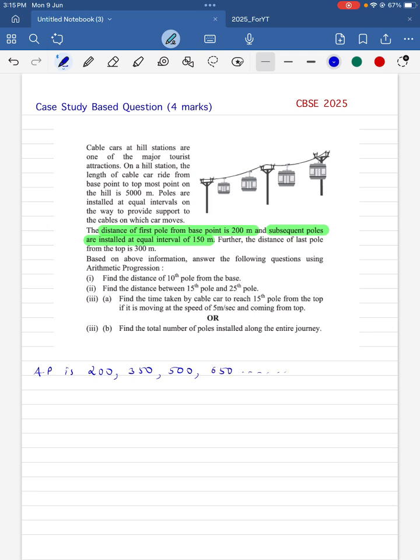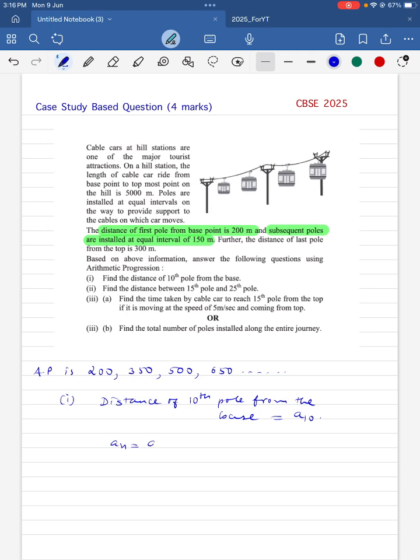Now, using this information, they're asking us to find the distance of the 10th pole from the base. How do we find the distance of the 10th pole? Distance of the 10th pole from the base is equal to A10. How do we find the nth term of an AP?